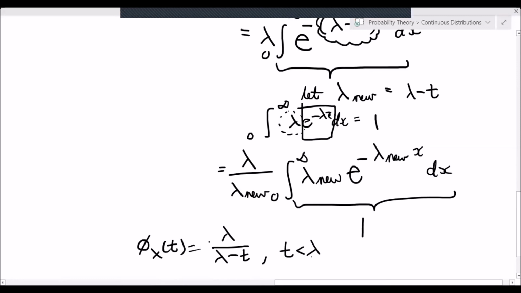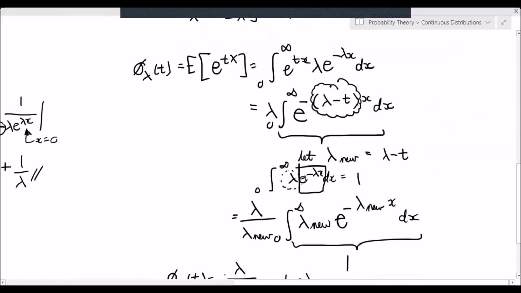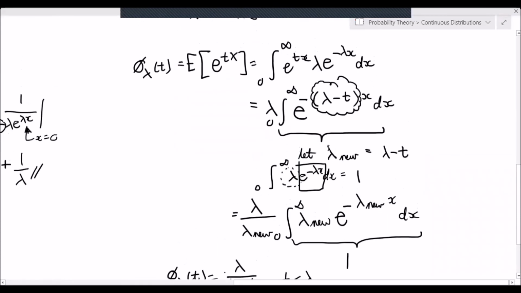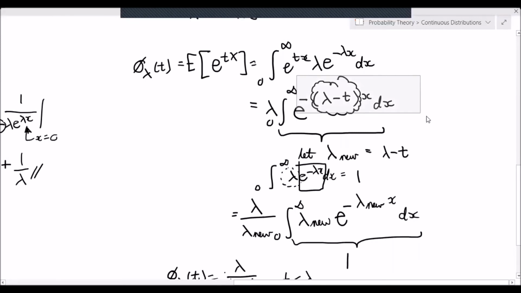So there, you've derived your moment generating function in 3 lines essentially, and you didn't have to do any integration at all. So this is the trick that you have to look for when you're deriving moment generating functions, deriving variances for continuous distributions. Always try to look at the integral, try to associate it with a form that you know.